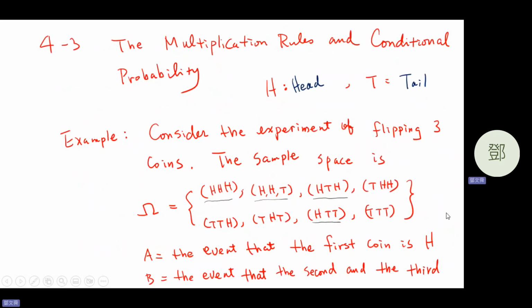First and second. Oh, there are only 6. Sorry, there are only 6. This one is not included. So we have only 6 elements in C.